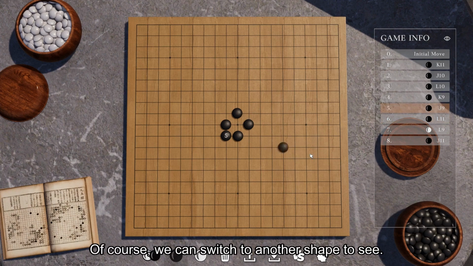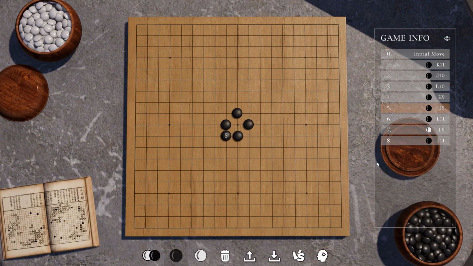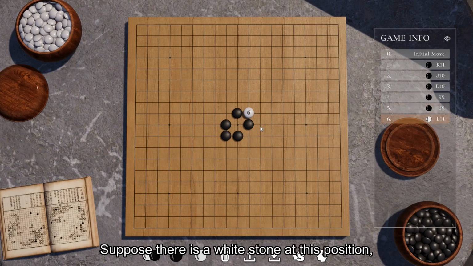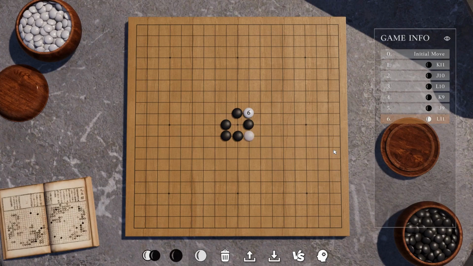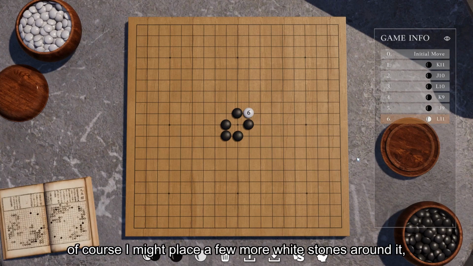Of course, we can switch to another shape to see. Suppose there is a white stone at this position. Then let me ask, is this eye space still a real eye? Of course, I might place a few more white stones around it.